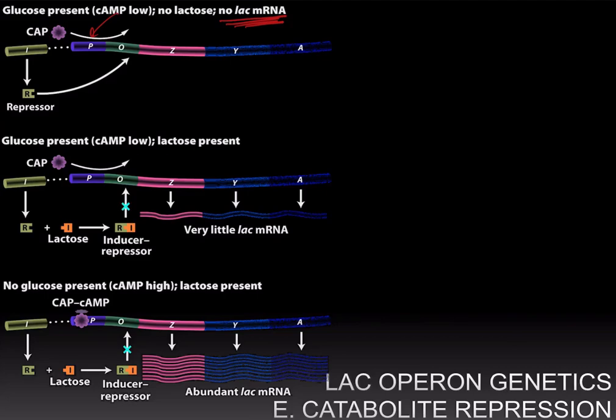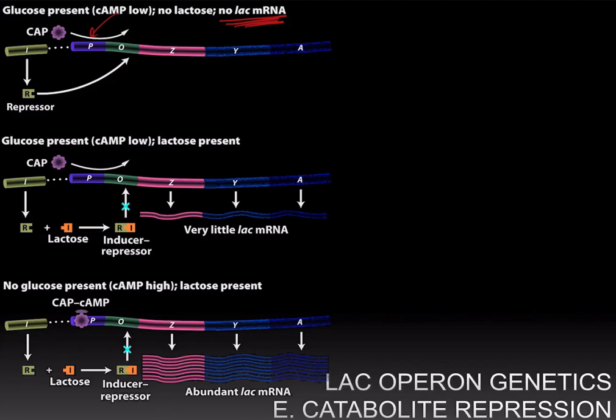A second situation that one might see is that both glucose and lactose are present. Now, since we have glucose, ATP will be inhibited from forming cyclic AMP, and therefore CAP will not bind its binding site and recruit polymerase.